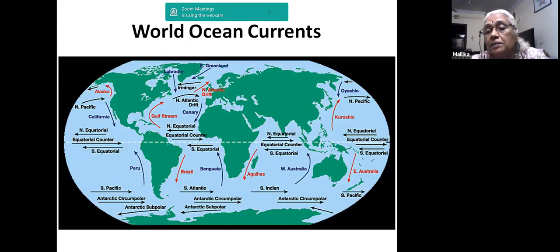And Japan, of course, is kept warm because of the Kuroshio current. Then it cuts across the ocean as the North Pacific drift, and then reaches northwest North America, where it forms the Alaska current.